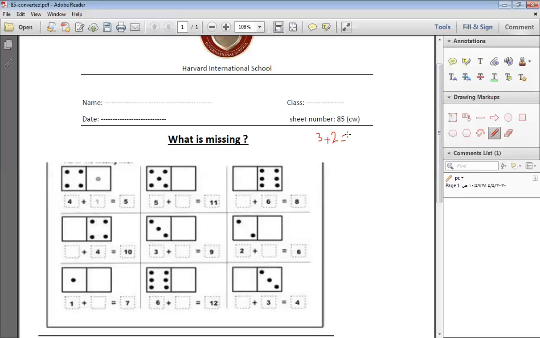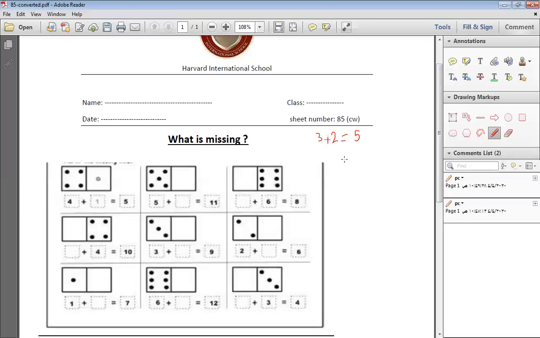When I ask you to add 3 plus 2, you will put the biggest number in your head, which is the 3, and the 2 on your fingers, and then start counting after the 3: 4 and 5. So the answer will be 5. This is for the normal addition.